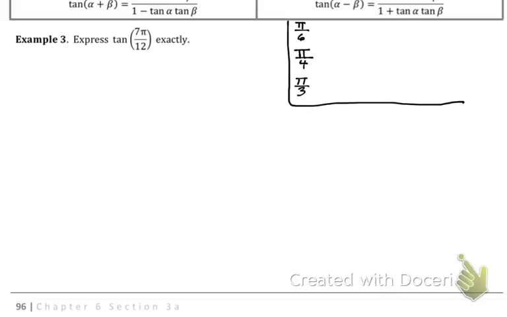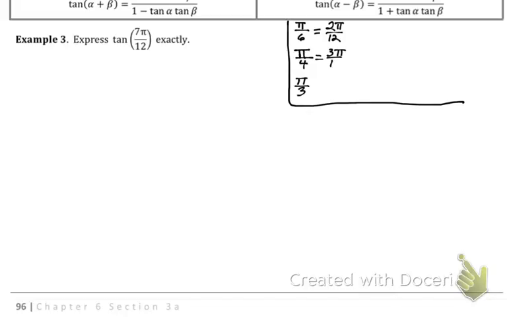Well, I need 2 angles that either add to 7 pi over 12 or subtract to 7 pi over 12. So the easy way to picture that is just to rewrite our denominators as 12 so I can see what the numerators would look like if I added them. So I'm just going to rewrite pi over 6 as 2 pi over 12. I'm going to rewrite pi over 4 as 3 pi over 12.